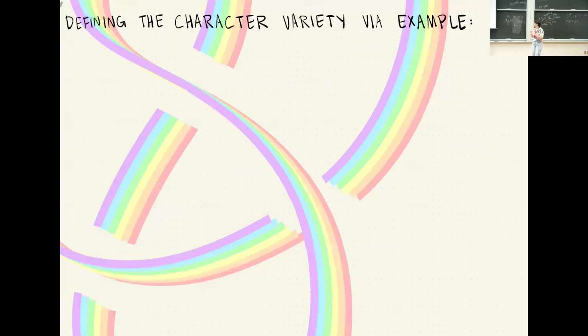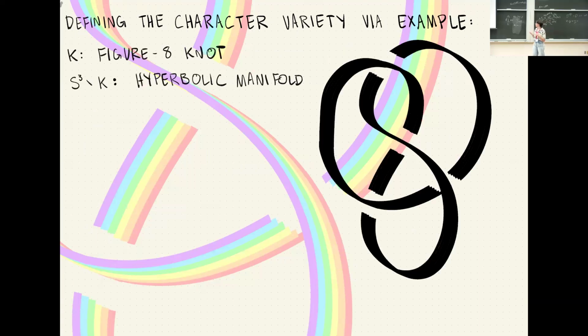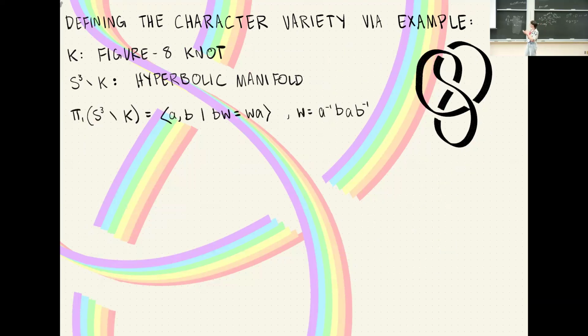So let's build this character variety for a specific example so we can see what it is. We're going to work with the figure 8 knot. When I take the figure 8 knot out of S3, I get a hyperbolic manifold. To start building this character variety, I'm going to look at the fundamental group of this manifold, which is a finitely generated group.